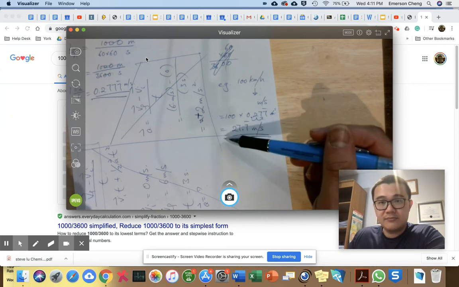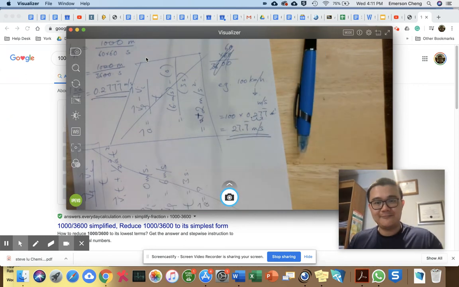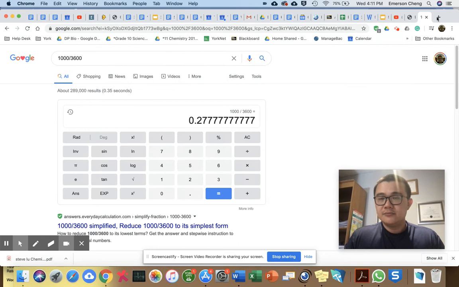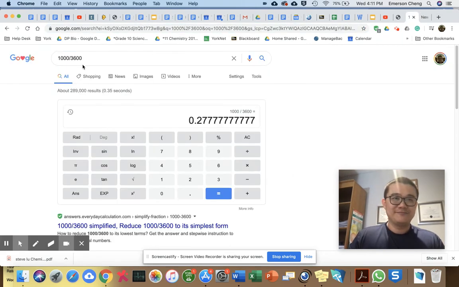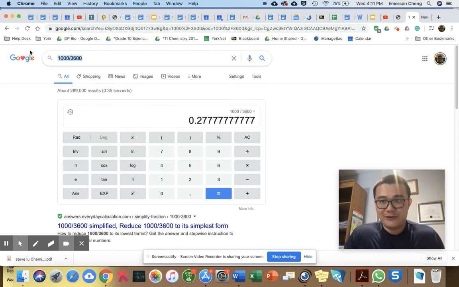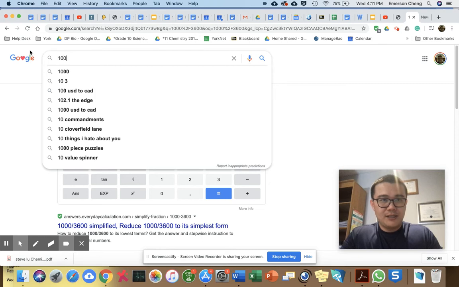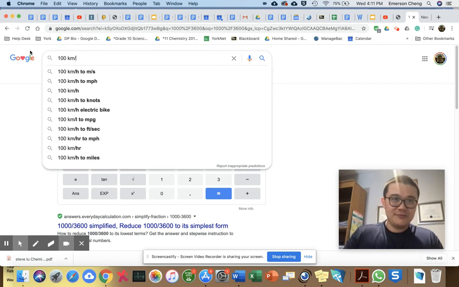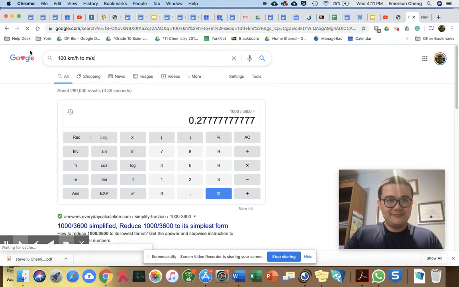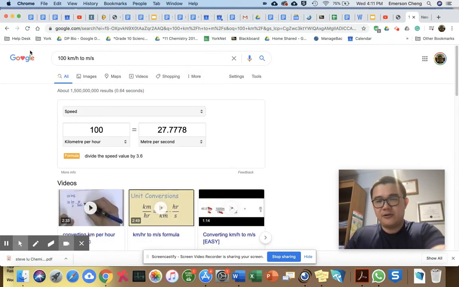This is the speed. And to further confirm that, we can always ask Google. But you should really know how to do this calculation yourself. Okay, so 100 kilometers per hour. Oh, look at that. Google's so smart. So in this case, really, it's 27 point.